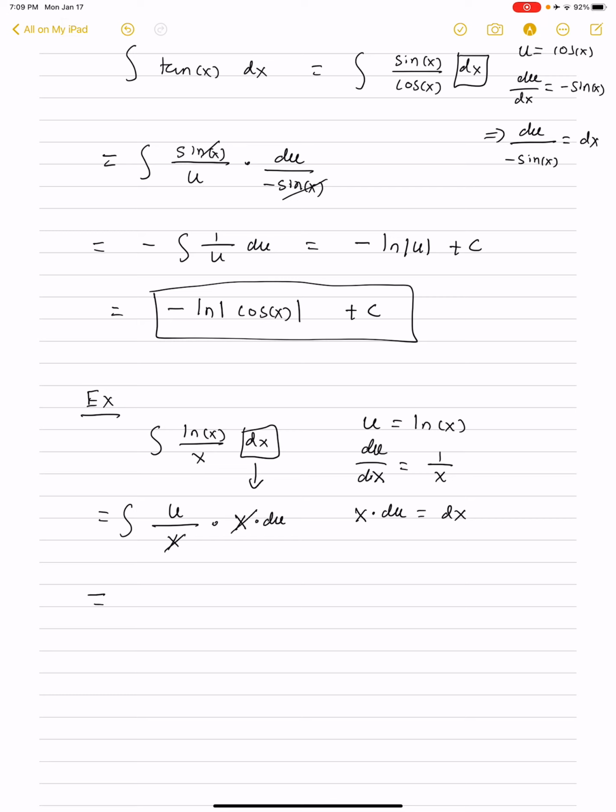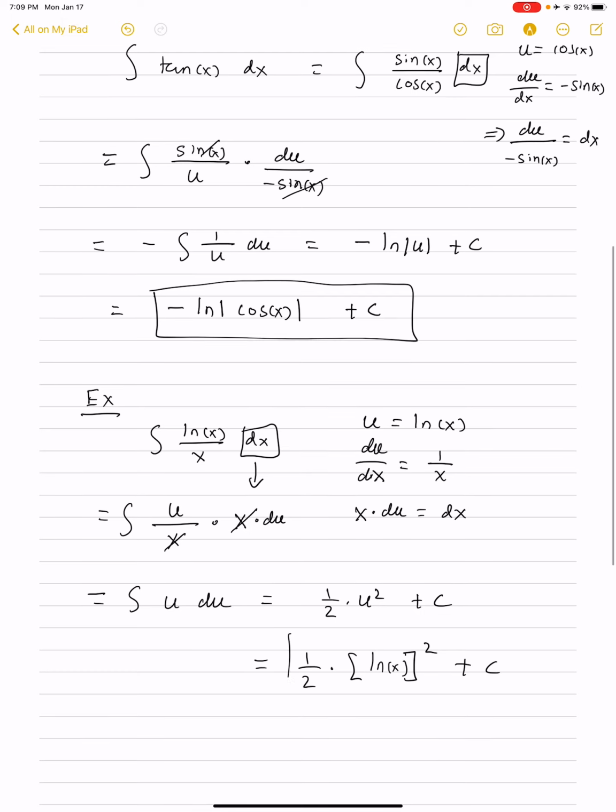Okay, and we're left with integrating u du, which is 1/2 times u squared plus a constant. And now we have u squared, which is (ln of x) squared, and add a constant. So in this case, that is the antiderivative.